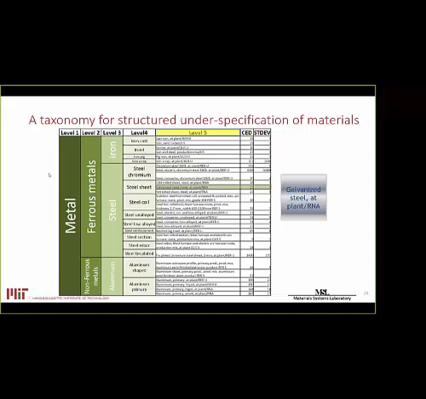So this taxonomy allows you to specify the level of detail for that particular product or process depending on the information that you have available. Right? And so once again, at the beginning of the process you can be very under-specified and just basically define things at level 1.